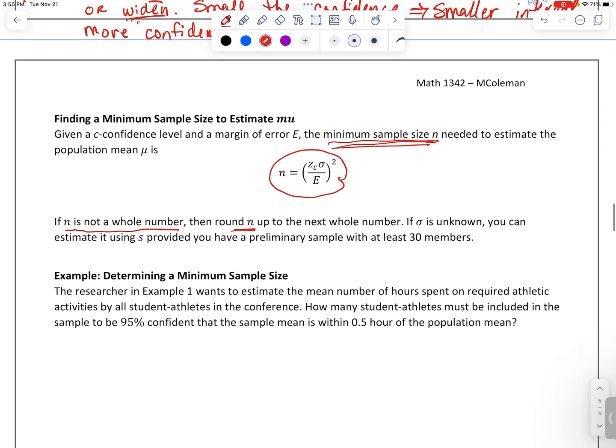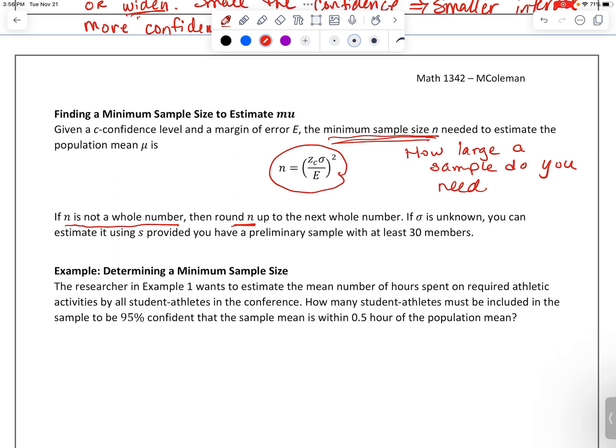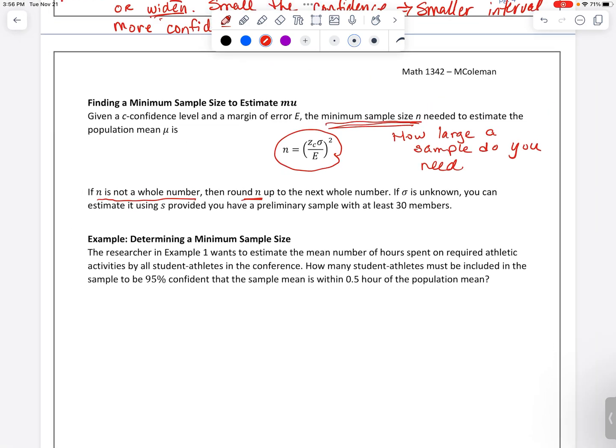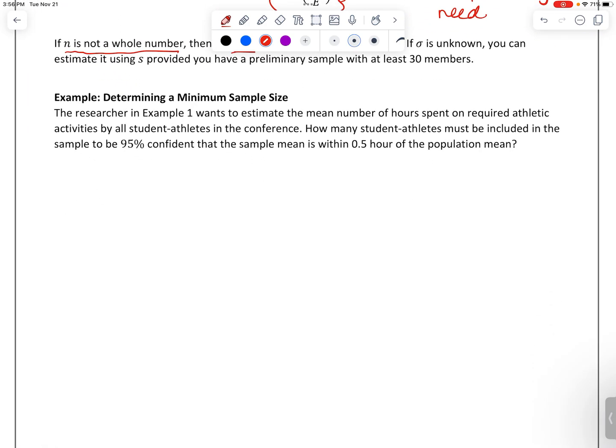Okay. So this is just telling us how big should your sample size be? How large a sample do you need? We know that we are concerned with having at least 30, but what happens if it's not randomly distributed? How do we make that happen? Okay. All right.